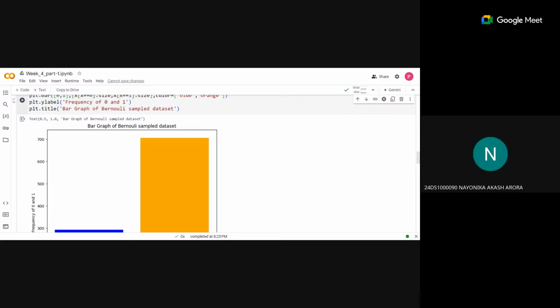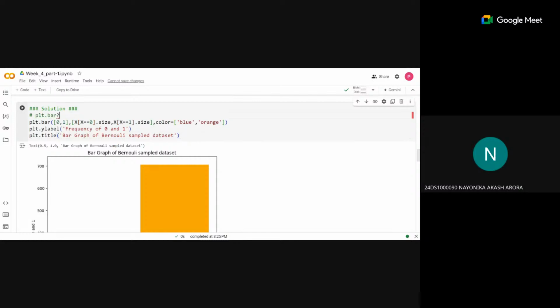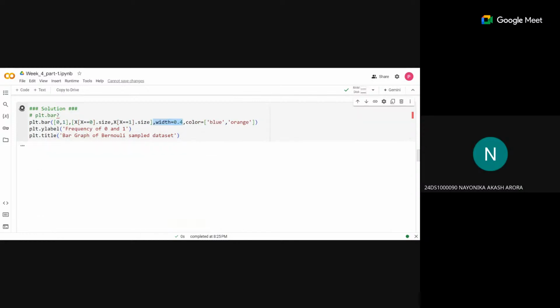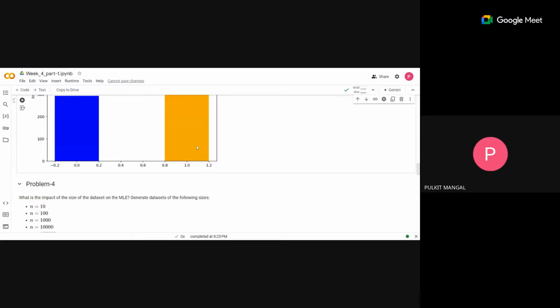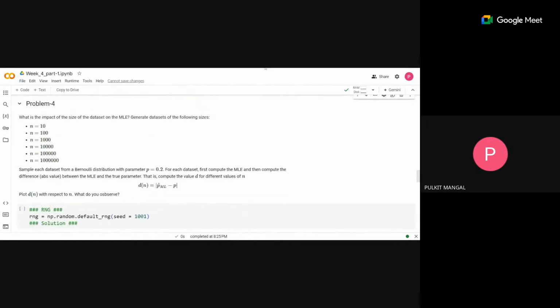Okay, so I will just go back to this. Now problem 4. What is the impact of the size of the dataset on the MLE? Across these different n, that is 10, 100, 1000, 10,000, lakh, 10 lakh, we will sample each data set from a Bernoulli distribution with this parameter.